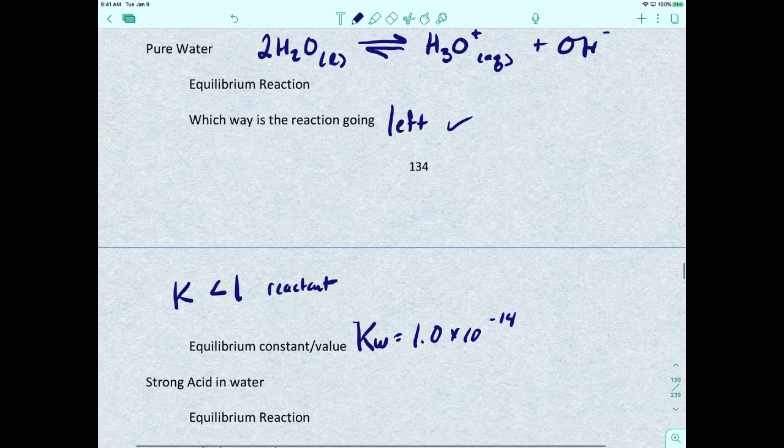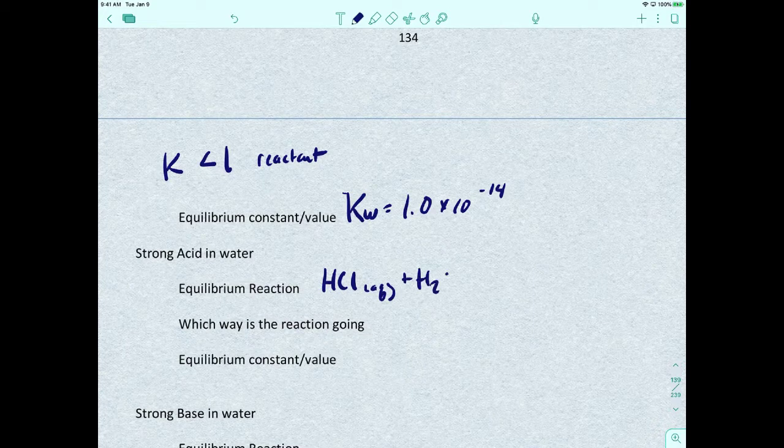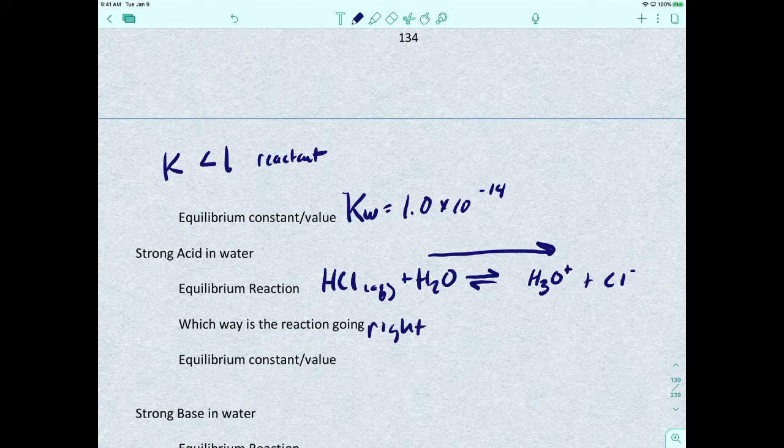Now, if we have a strong acid in water, for instance HCl, HCl reacts with water, and even though it's going to form an equilibrium, the reaction is going to lie all the way to the right-hand side. You're going to form H3O+ and your conjugate base, with virtually 100% dissociation.